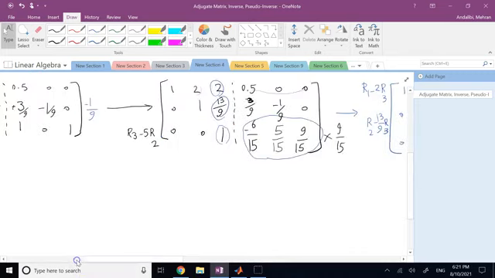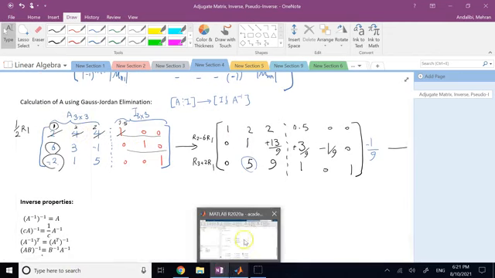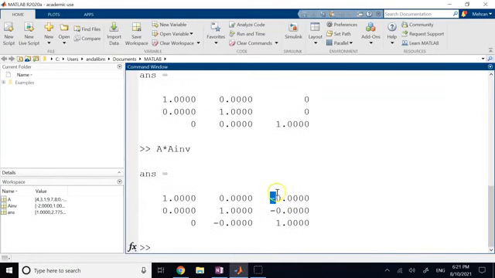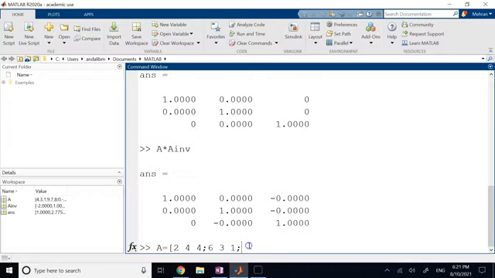And here I can show you A is 2, 4, 4, 6, 3, 1, and 6, 3, negative 1, and negative 2, 15.